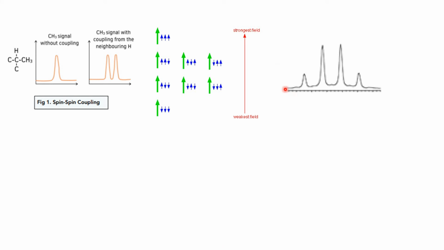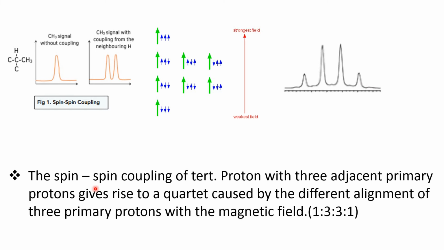So finally, the signal will be a quartet in the ratio of 1:3:3:1. So, spin-spin coupling of tertiary proton with three adjacent primary protons gives rise to a quartet caused by the different alignment of three primary protons with the magnetic field, and this ratio will be 1:3:3:1.